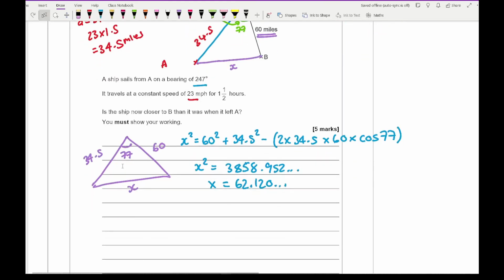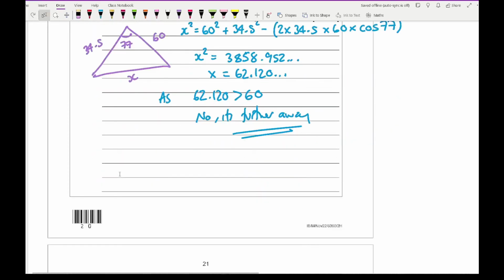Now regardless of rounding, we can see that as 62.120 is greater than 60, the answer is going to be no, it's further away. And there is my answer for that one.